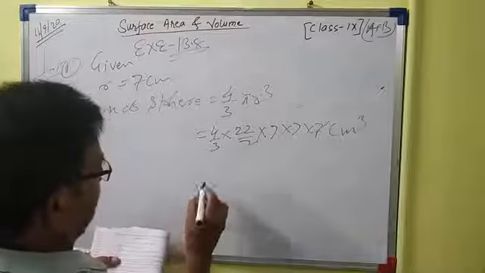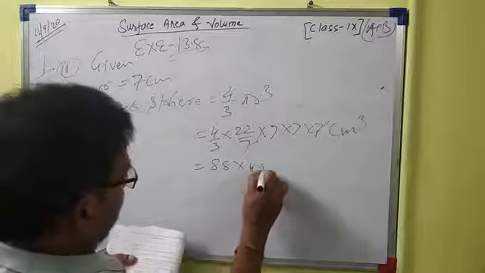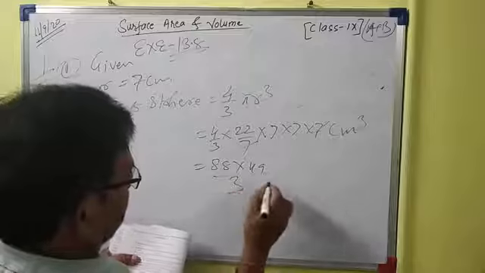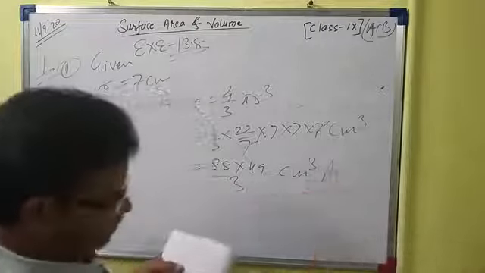This is cancel. 88 into 49 by 3 cm cube. This is your answer.